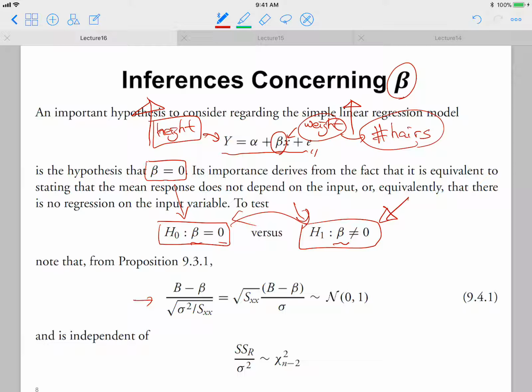It's a little bit weird example, but I tried to choose some quantitative measure instead of a blood type or the location of residence, because those are categorical variables. In this case, it's still a numerical variable. But anyway, we can expect that the number of hairs of a person is not influencing a person's height, right? So they are just two unrelated variables.